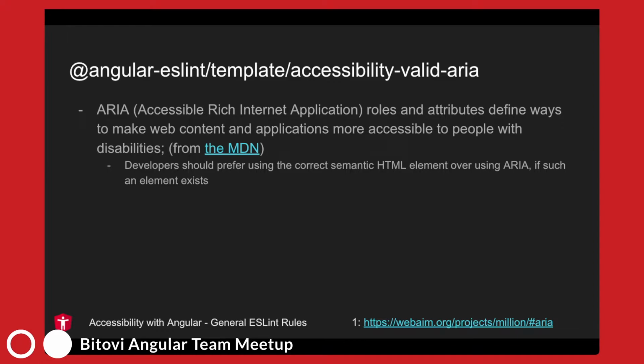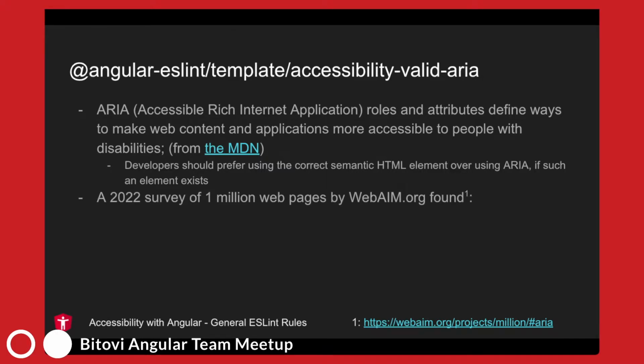However, there are cases like trees, where there are no native HTML elements to support that, in which case adding ARIA roles and attributes gives assistive devices the ability to relate that functionality to users that they wouldn't be able to get visually.